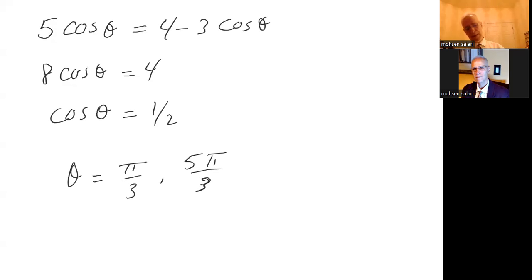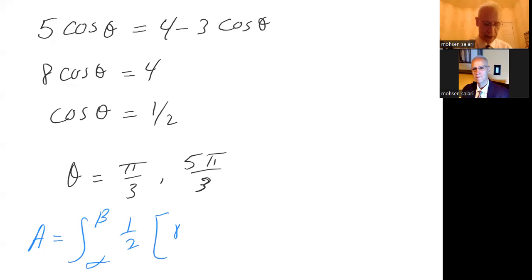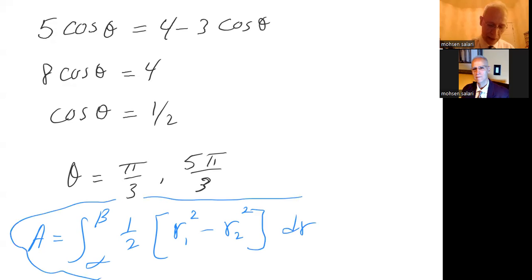And the formula that we are going to be using is area equals the integral from alpha to beta of 1/2 times the outer radius, let's say R1 squared, minus R2 squared, d theta. That's the formula we want to be using.